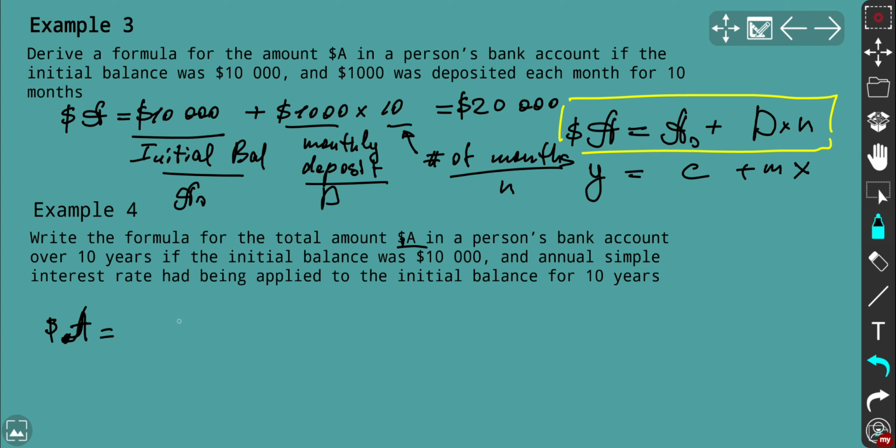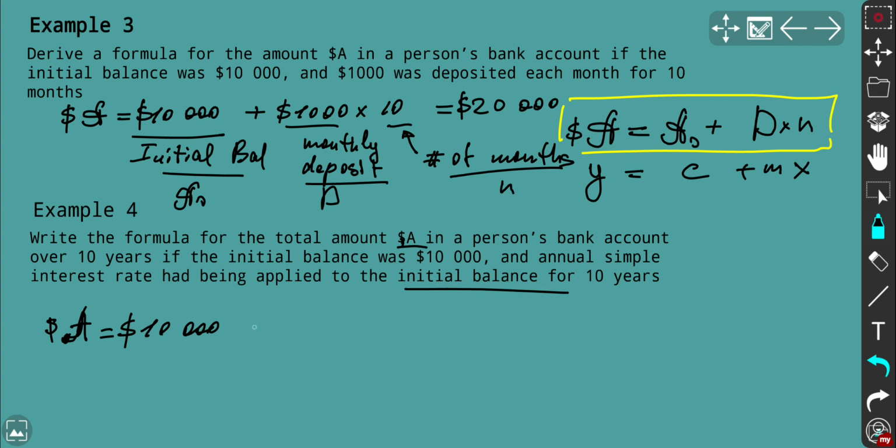If we have initial balance 10,000, so we write that $10,000, and annual simple interest rate. Basically for 10 years we will use linear dependency, because in this case it has been applied only to the initial balance.